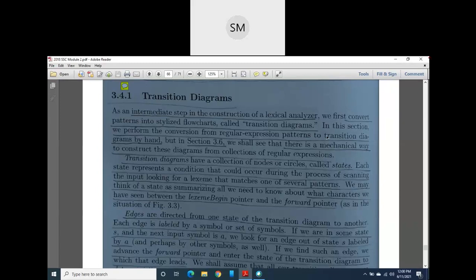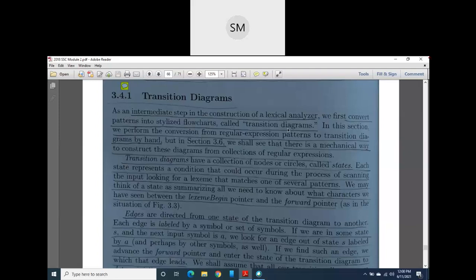So, what are transition diagrams? They are an intermediate step in our construction of the lexical analyzer. The first thing we are going to do is convert the patterns we have just written into the form of a flowchart, and that is called a transition diagram.